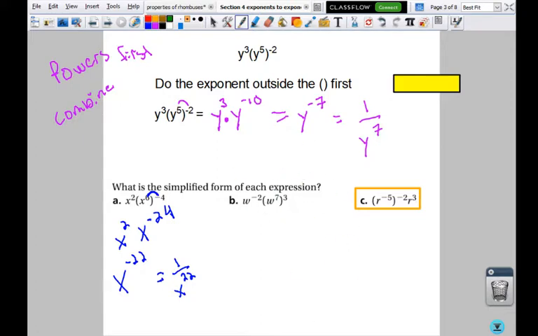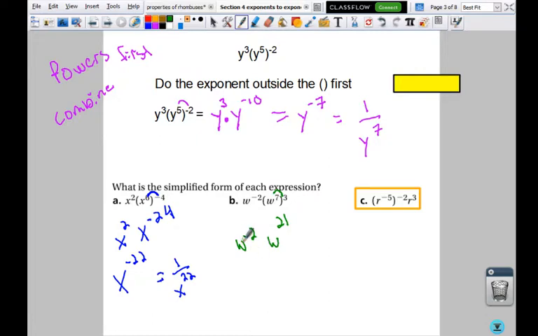On part B, what's the first thing we're going to do? I'm just kidding. You multiply 7 and 3 to get? W to the 21. Yep. So we're going to do the power to the power part first. You get w to the 21, but I haven't done anything with w to the negative 2, so I got to keep it in there. I can't get rid of it until I actually do something with it.